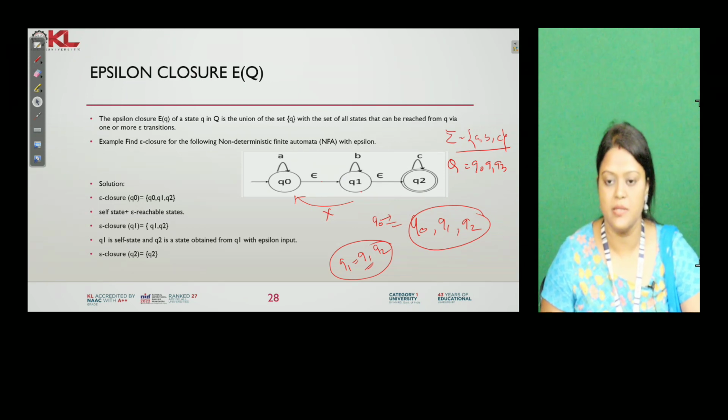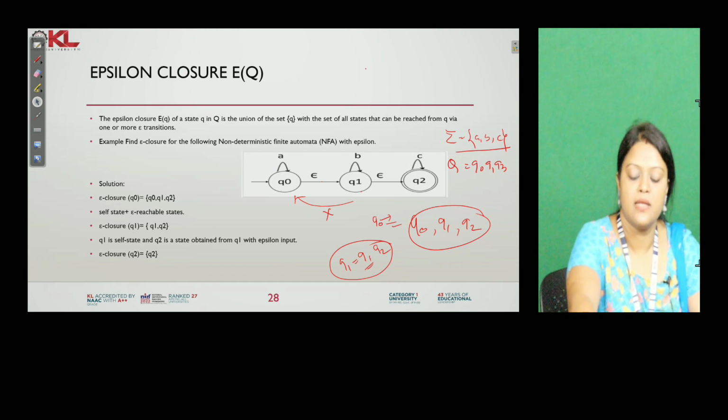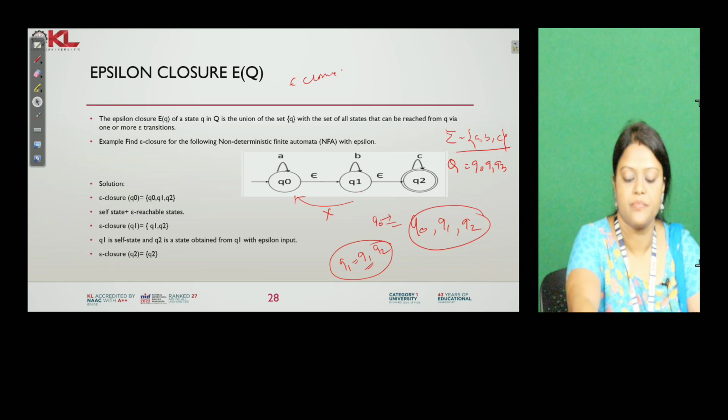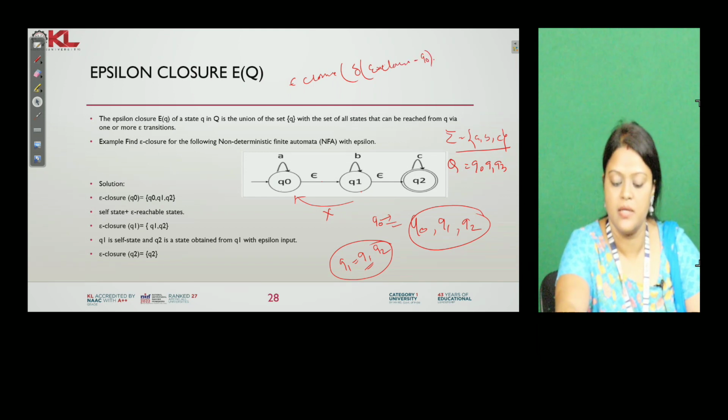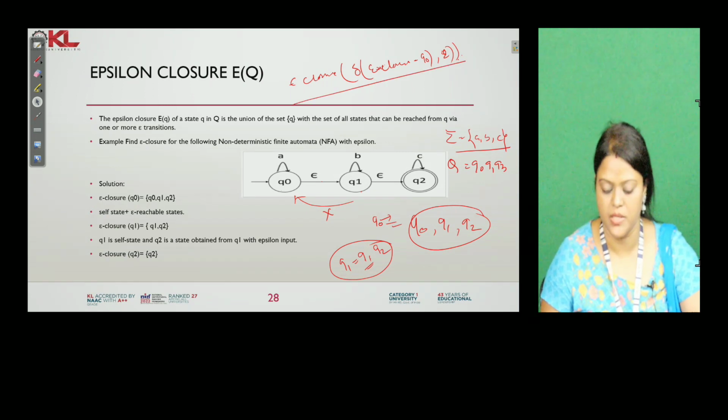Now to convert this machine we need a formula: epsilon closure of delta of epsilon closure of a state, on an input alphabet. We can write here any input alphabet, and this will be the state transition from this state.